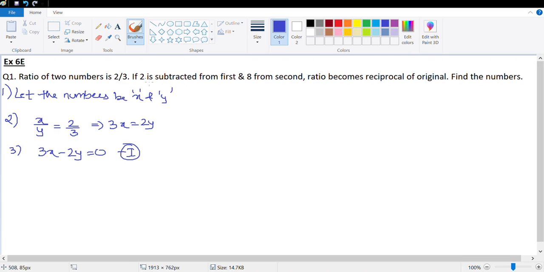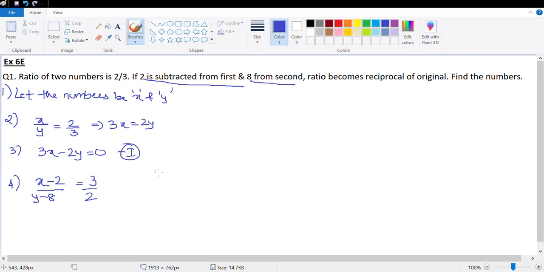So ratio of two numbers is 2 upon 3, which is what we figured. If 2 is subtracted from the first, which means x minus 2, and 8 from the second, y minus 8, the ratio becomes reciprocal of the original. So if this is 2 upon 3, this becomes 3 upon 2.